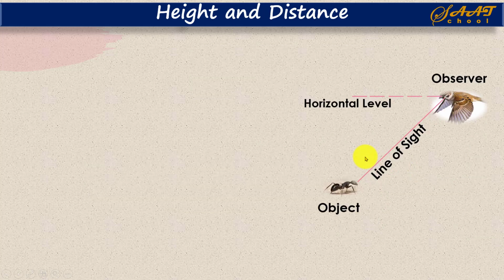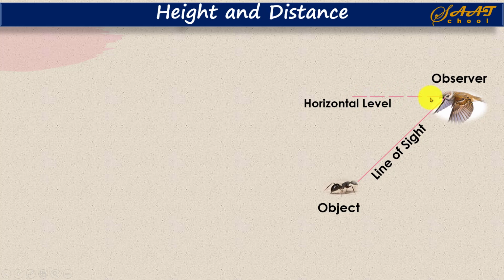Now here this is the observer, which is at the upper, higher level, and the object is at the lower level. So this is the line of sight, meaning this line is from the eyes of the observer to the point of view. Your point of view is an ant, and there is a horizontal line, this horizontal level.